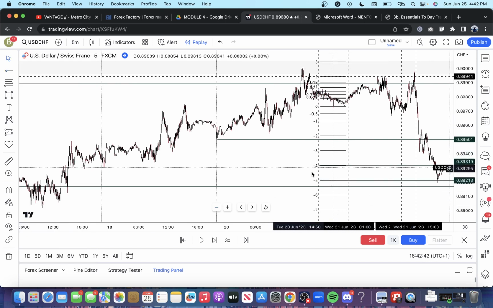So at 4 standard deviations, that's where I will scale out the bulk of my profits because it is below this low here. And then at 5 standard deviations, which is a 30 pip run below the mid-figure number, that's where we see the actual low of the day come in.